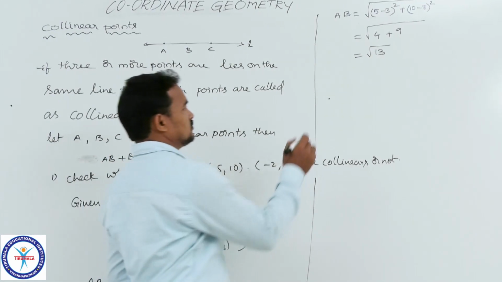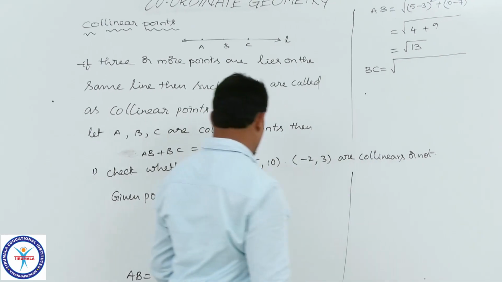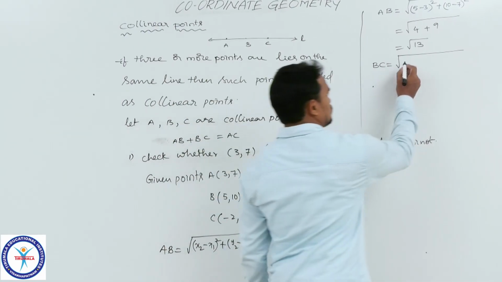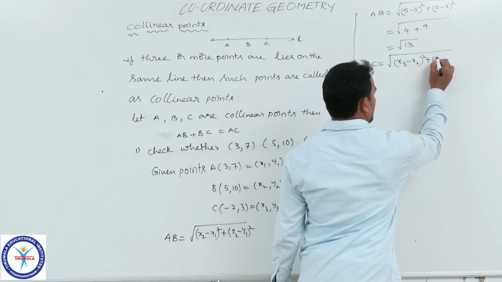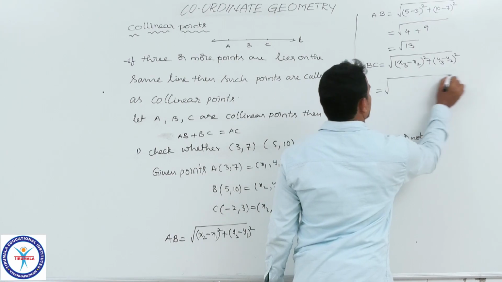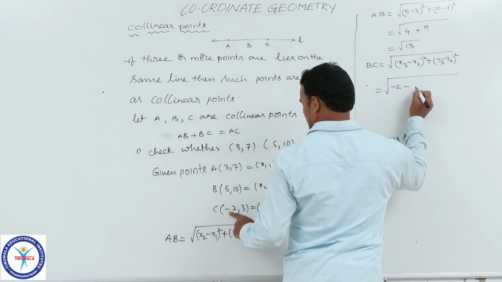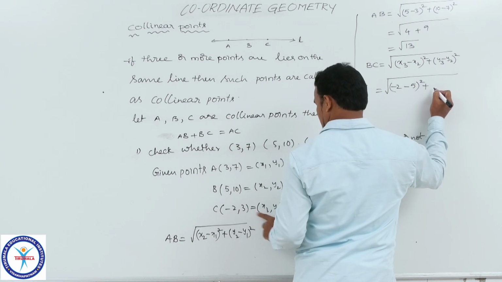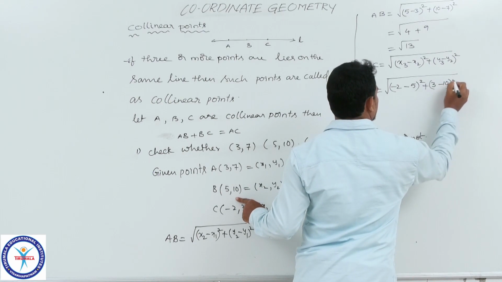Here BC means root over (x3 minus x2) whole square plus (y3 minus y2) whole square. So that equals x3 means minus 2, minus x2 means 5, whole square, plus y3 means 3 minus y2 means 10, whole square.